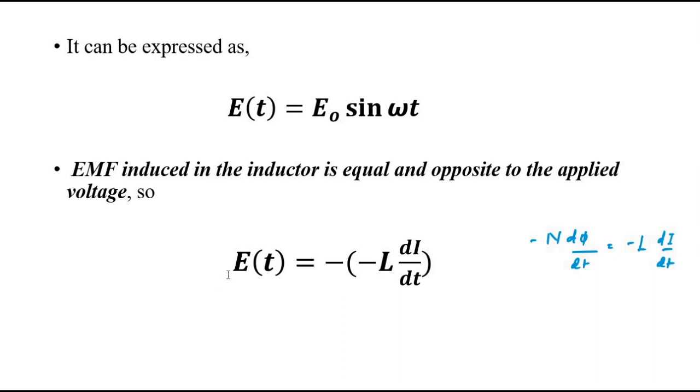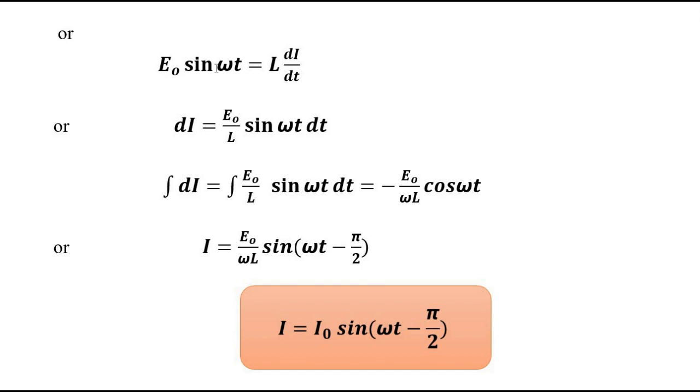When we simplify this, it becomes E0 sin omega t = L di/dt. We take di on one side, so it becomes di = (E0/L) sin omega t dt. On integrating both sides, we get i = -(E0/omega L) cos omega t, which is equal to (E0/omega L) sin(omega t - pi/2).